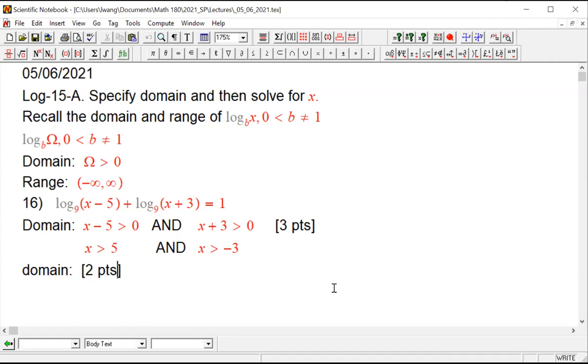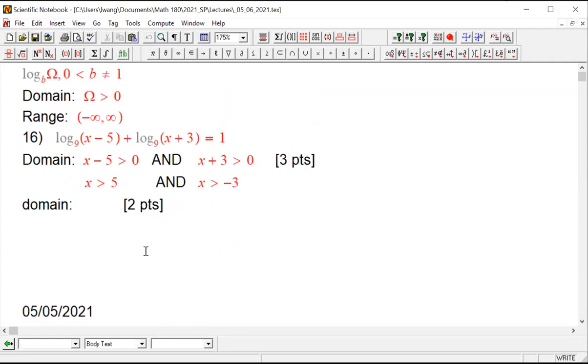So what will be the final domain here? We use the number line as our aid.